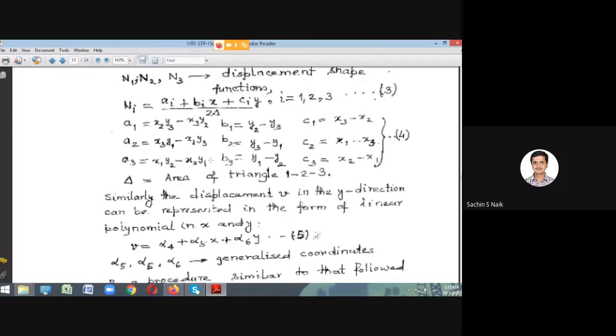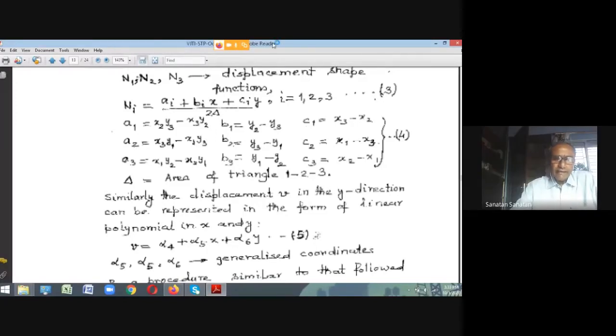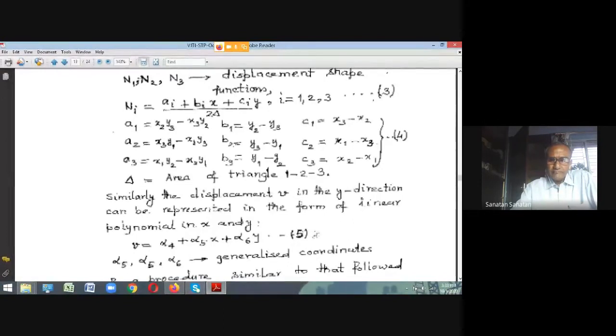Okay. So you see that this gives you the value of N1, N2 and N3 for i varying from 1 to 3. And these ai, bi, ci and delta are constants. And look at this: a1 is given in terms of the corner node coordinates of the 3 nodes. a1, a2, a3 are given in the first column, b1, b2, b3 in the second column, c1, c2, c3 in the third column.